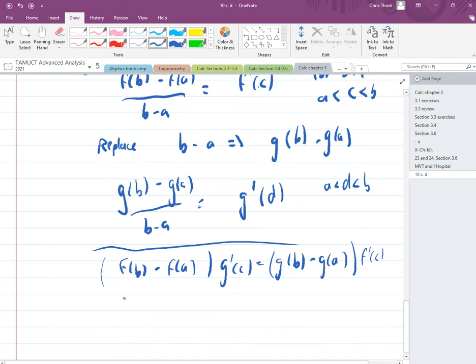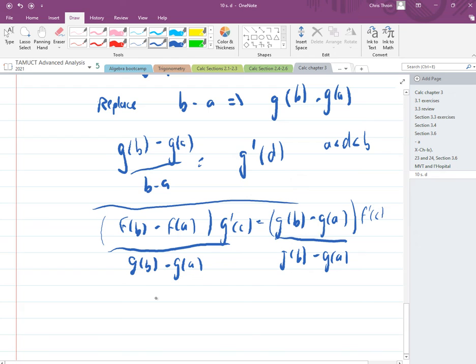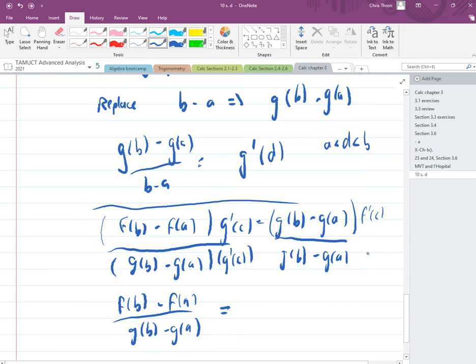Okay, and then if we divide both sides by g of b minus g of a, the g of b minus g of a cancels on the right-hand side, and we get f of b minus f of a over g of b minus g of a. And then I can also divide by g prime. It's equal to f prime of c over g prime of c.